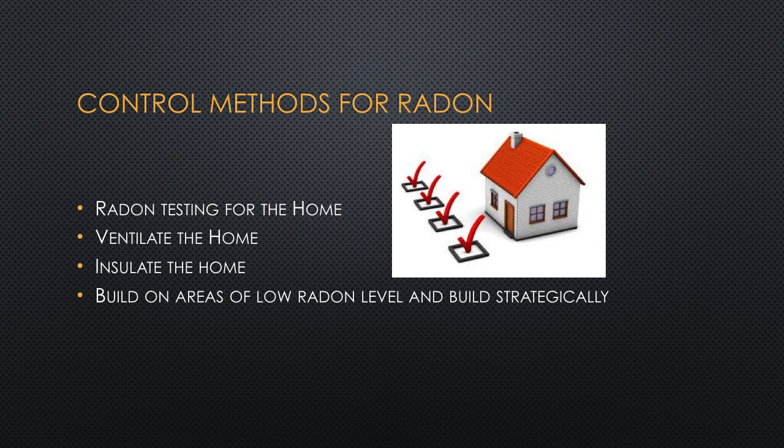For example, methods such as sealing and caulking cracks, building a radon vent pipe, providing a layer underneath the home to allow radon to flow from beneath the home can be used. And also, these building methods can help manage the radon no matter the exposure. This is important because even if a building is in an area with low radon levels, radon can still accumulate within a home.